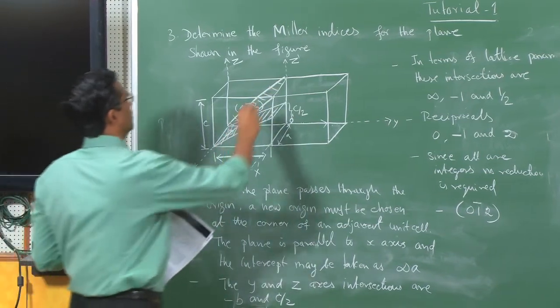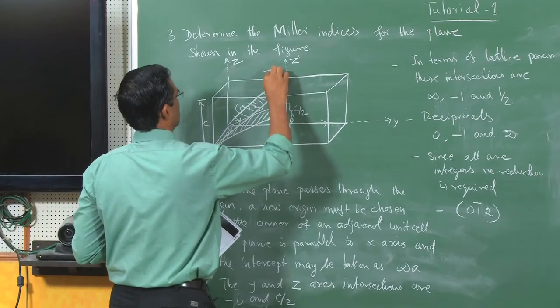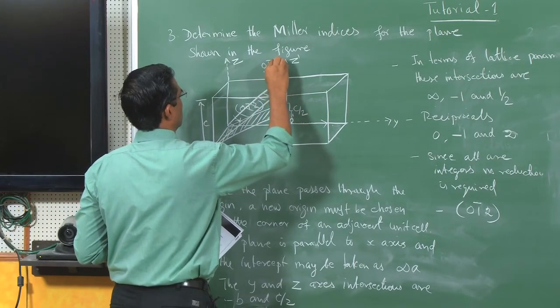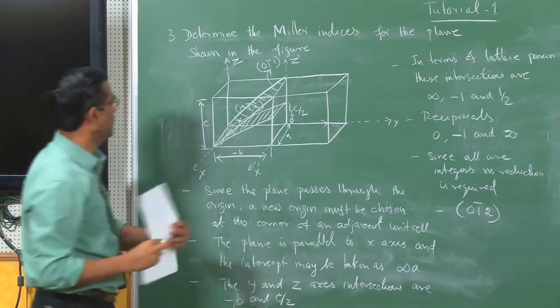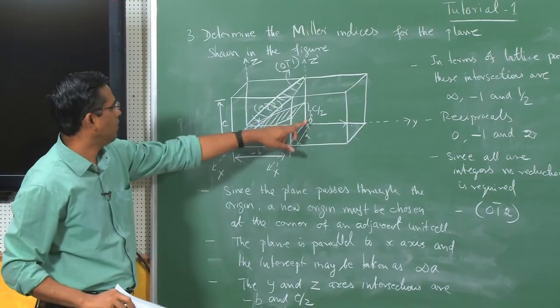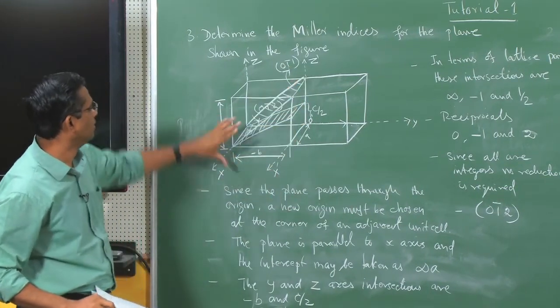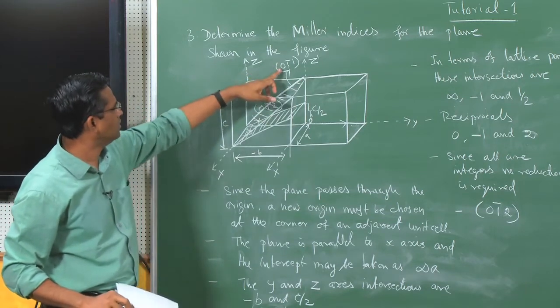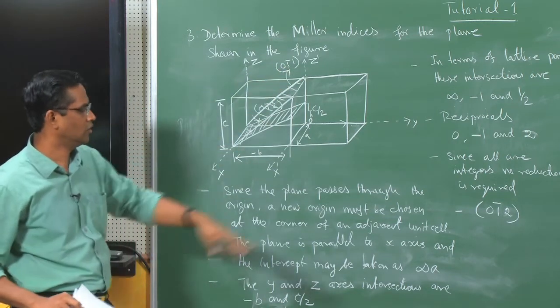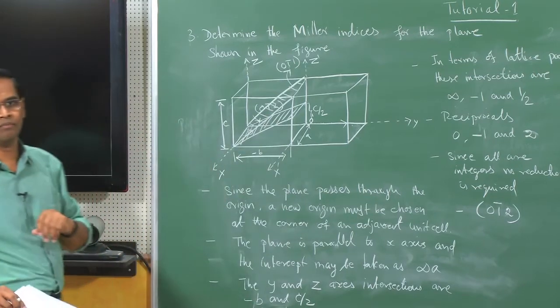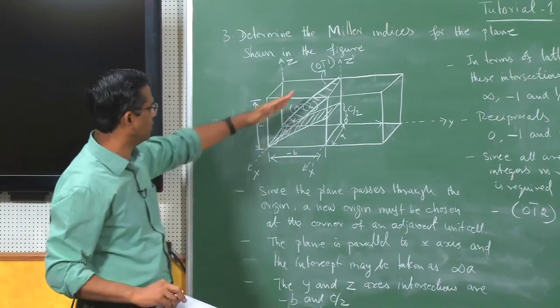So that is 0, bar 1, 1. Basically the c by 2 will become c, then this plane is 0, bar 1, 1. Like that you can try some of the other planes as well.